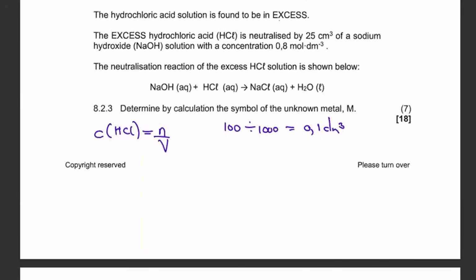Therefore, I'm going to say the concentration 0.9 is equivalent to n, the number of moles, over the volume, which is 0.1. So if you cross multiply, your n there you will actually get 0.09 moles. So that's how you calculate your number of moles according to the data that is given.